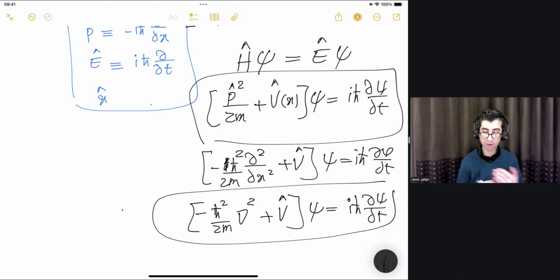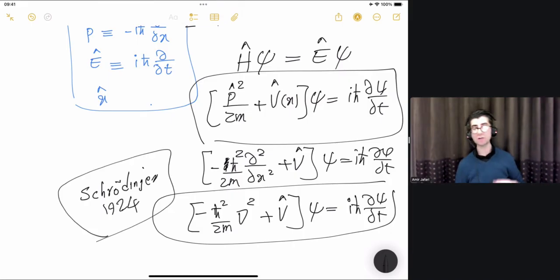For example, Schrödinger himself in 1924 applied this equation to the hydrogen atom and got the energy levels, energy eigenvalues, etc. And this was the first successful application of this theory to the hydrogen atom, and then later it was applied to heavier atoms. Okay, so this is the Schrödinger equation.